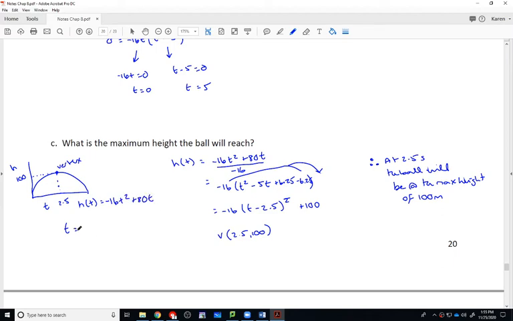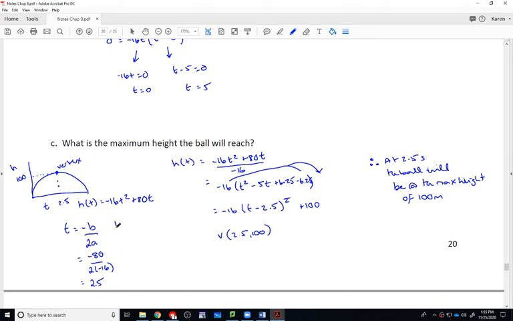To find the t, or the x value, you go negative b over 2a. So the negative b would be negative 80 over 2 times negative 16. If I plug that in my calculator, I get negative 80 divided by 2 divided by negative 16. Or you could do negative 80 divided by brackets 2 times negative 16. But regardless, you get 2.5.